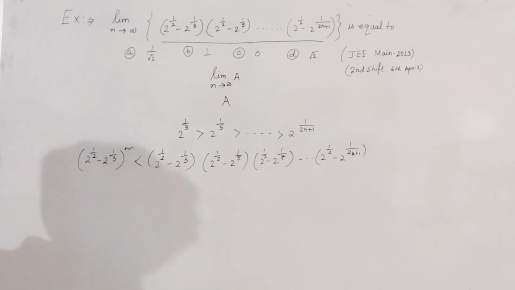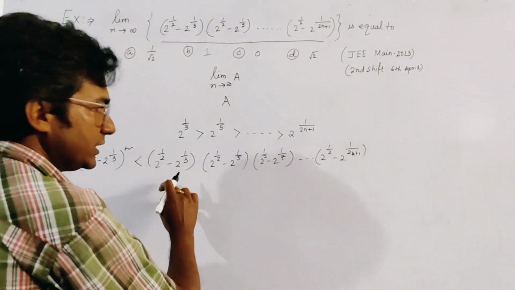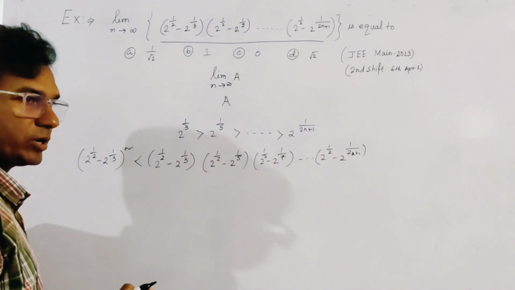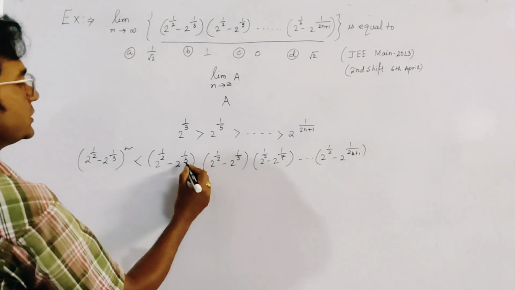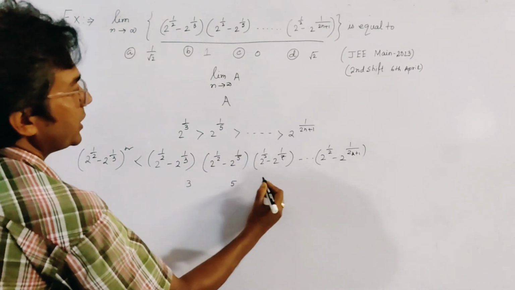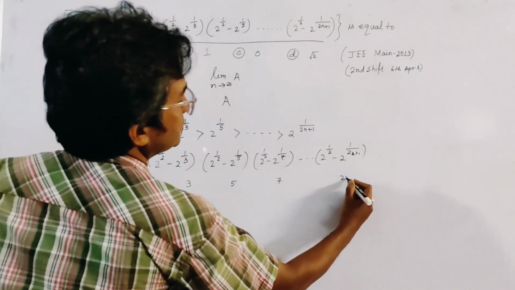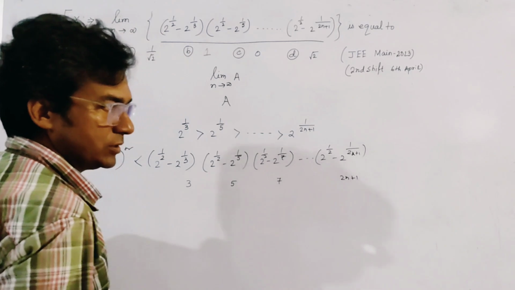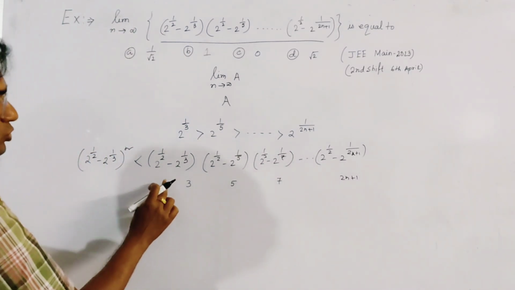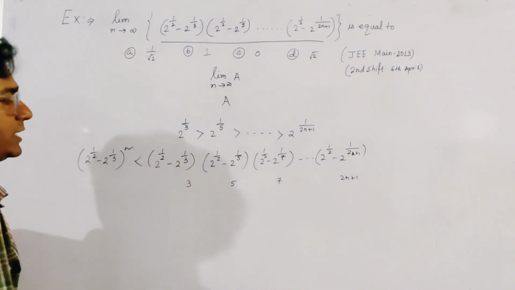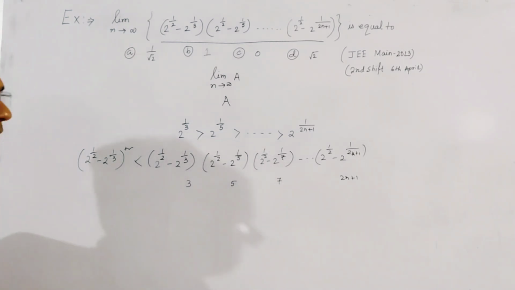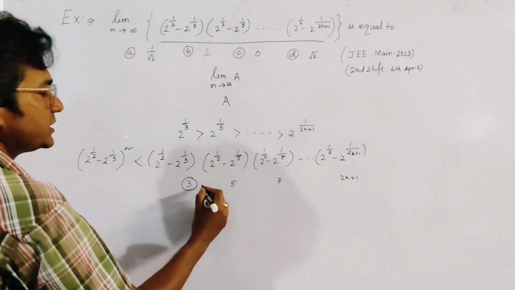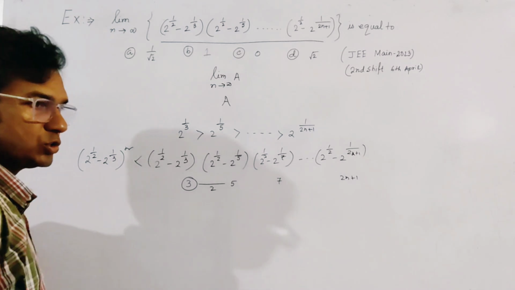(2^(1/2) − 2^(1/3))^n, because there are n elements. How can we count these n elements? Because this is 3, this is 5, this is 7, and this is 2n+1, it is clear that this is an arithmetic progression, and the first term is 3 and the common difference is 2.